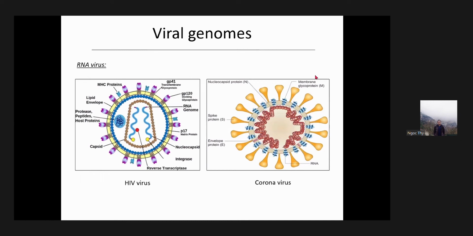This is the structure of two very common RNA viruses, which have a nucleus composed of RNA: the HIV virus and the coronavirus. HIV causes the AIDS disease, and the coronavirus causes the COVID-19 pandemic that we still suffer from nowadays.